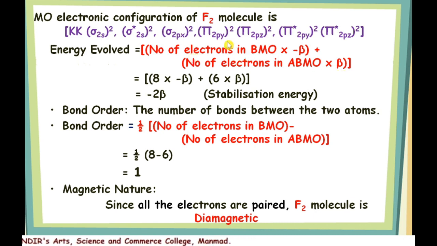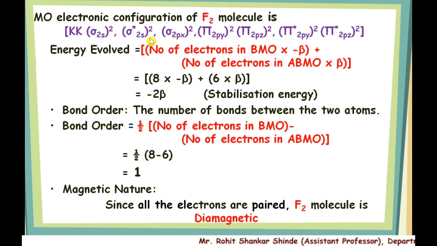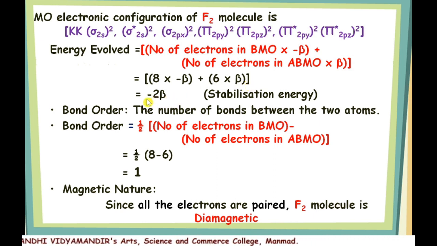Total number of electrons in BMO are 2 plus 2 plus 2, 6 plus 2, 8, and total number of electrons in ABMO is 2 plus 2 plus 2, 6. We put the values: 8 into minus beta plus 6 into plus beta. It becomes minus 2 beta. So minus 2 beta is stabilization energy. This much amount of energy is evolved during the formation of F2 molecule.